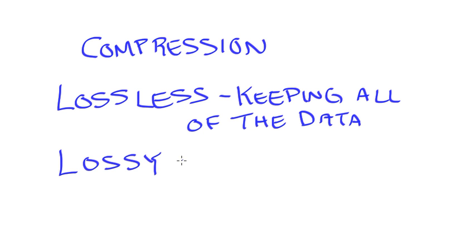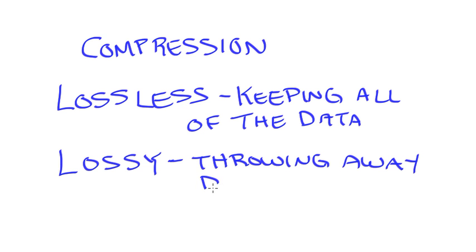Now with a lossy file format, the file is made smaller by throwing away data. That is the primary way that it does it. So it is going to get rid of some of that information about that image. Some of the lossy file formats are very good at throwing away things we won't notice.